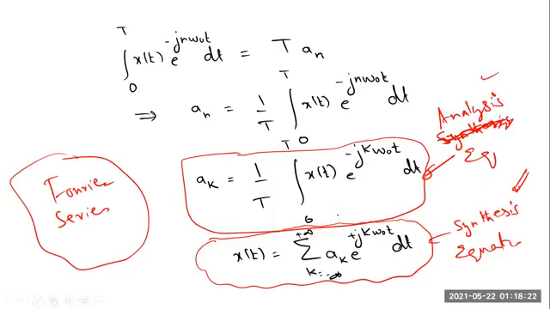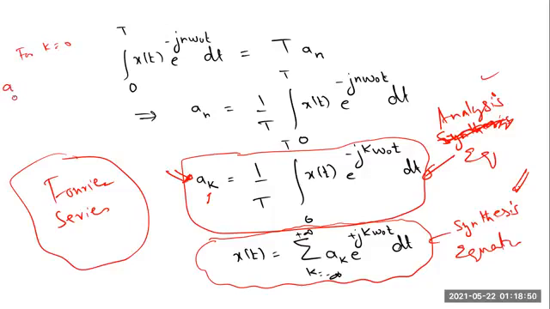Now, you should also remember that for every different value of k, you will get some answer out of this analysis equation. So as a simple case, if you put k equal to 0, what will happen?